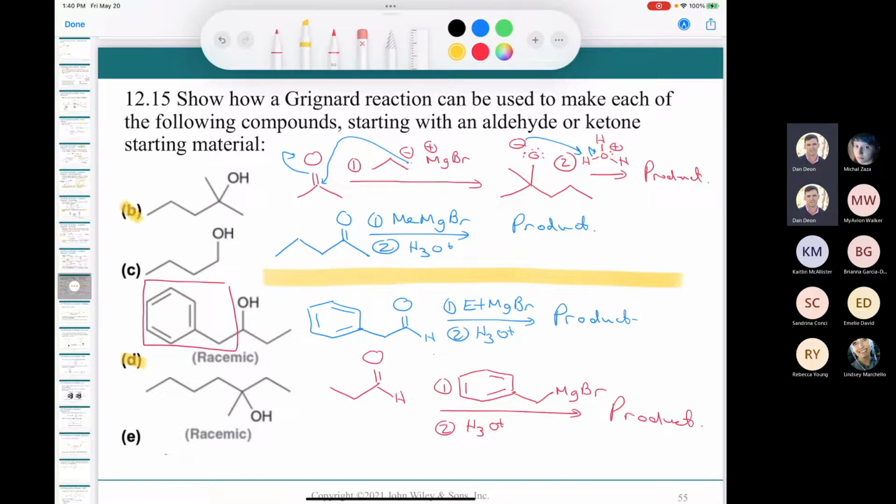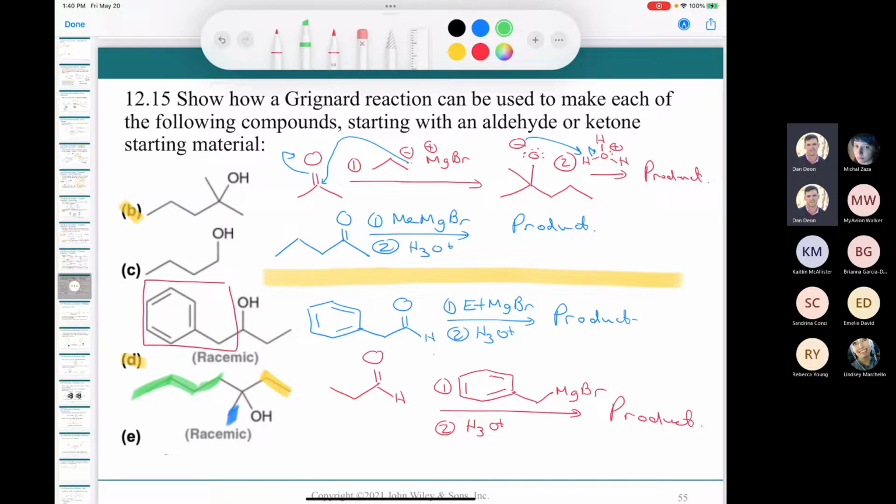C and E are very, very similar, except that in E, there are 3 different ways to make the compound, because you have an ethyl group, a methyl group, and a butyl group on there. So there are 3 different ways to make that compound, but the rationale is the same in all of them. You're starting with a ketone or aldehyde.